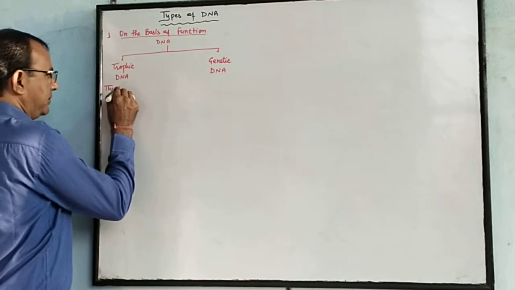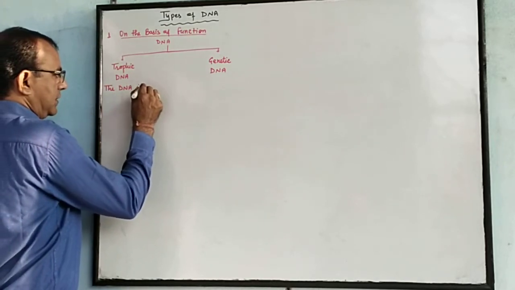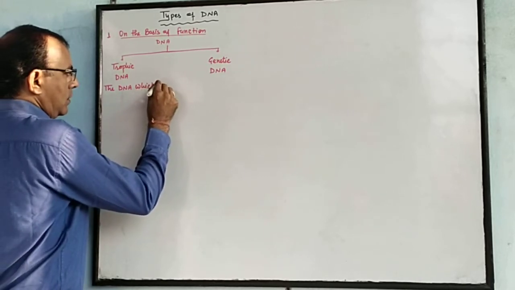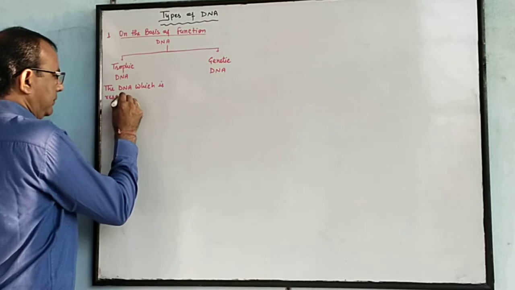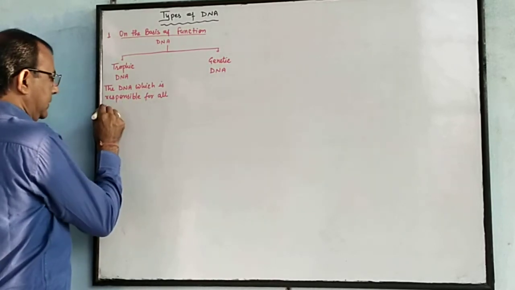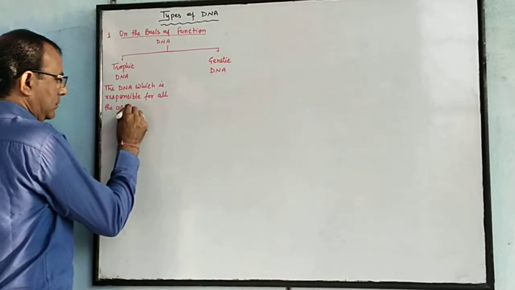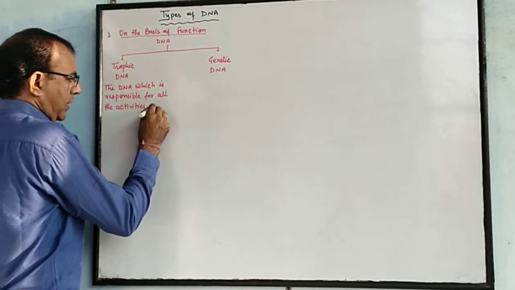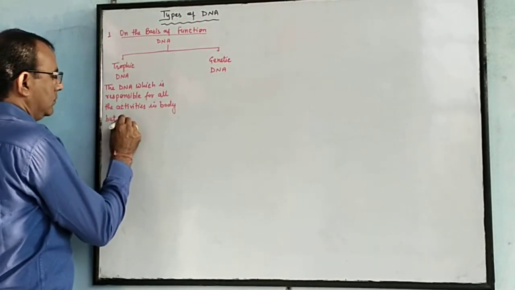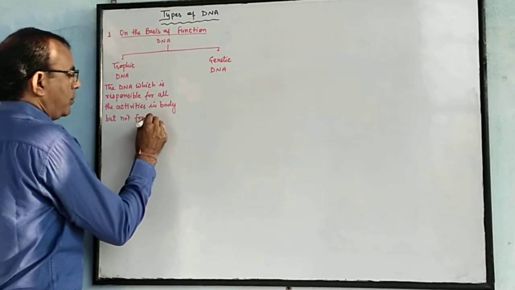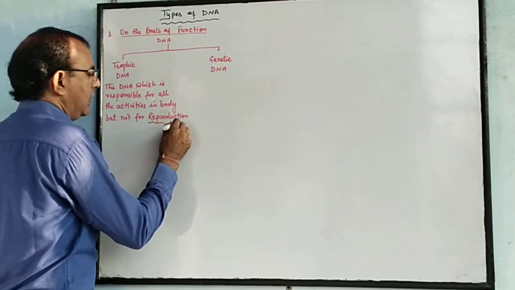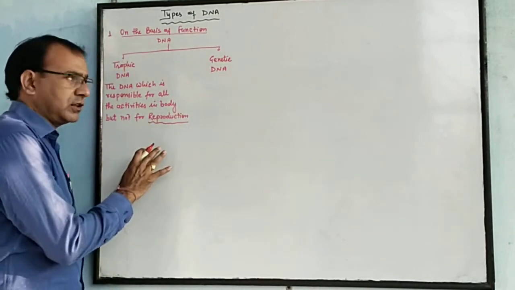The DNA which takes part in all the activities of the body but not in reproduction is called trophic DNA.